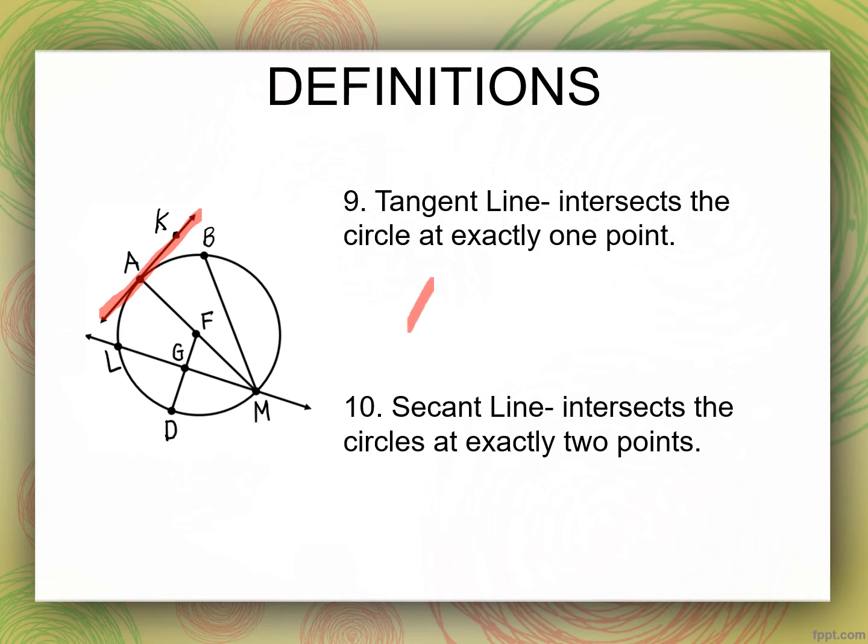Therefore, line AK, so put the line symbol on top, is a tangent line. A secant line, of course, should intersect the circle at two points. So we have here line LM, which intersects the circle at two points, at points L and M. So line LM is our secant line.